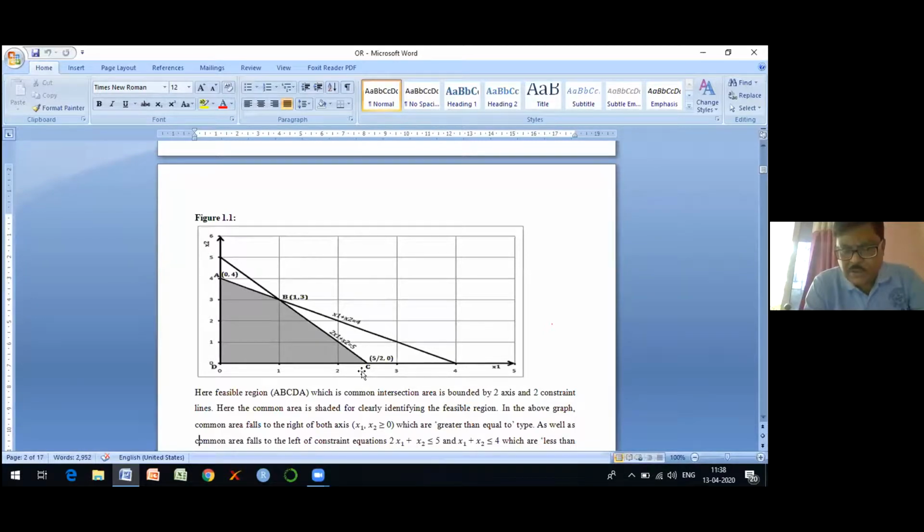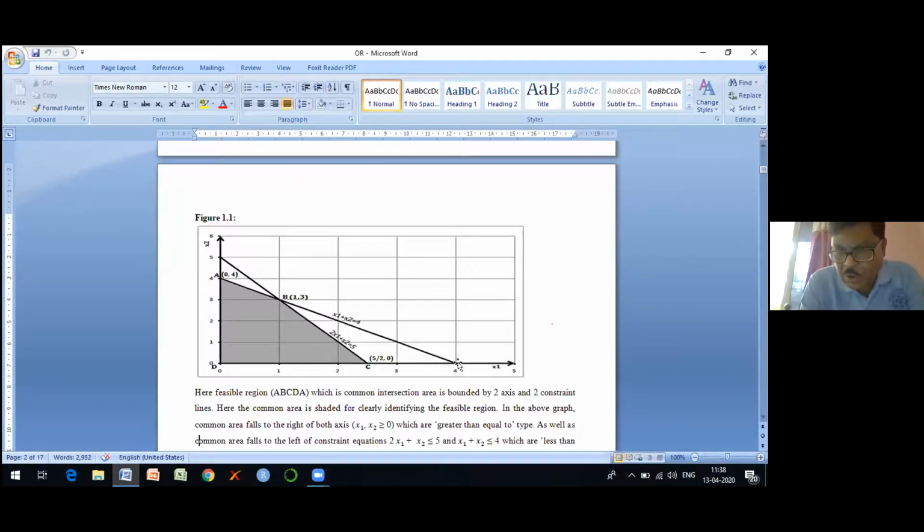One is C, another is Q. But in case of a maximization problem, we should consider only the inner corner points, right?